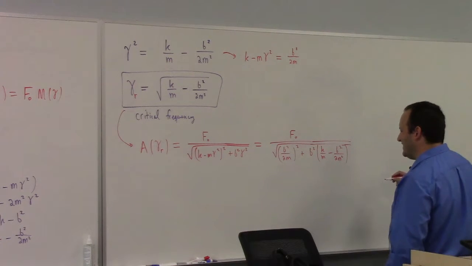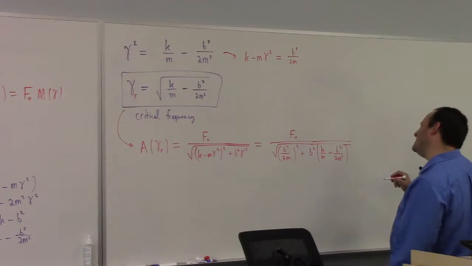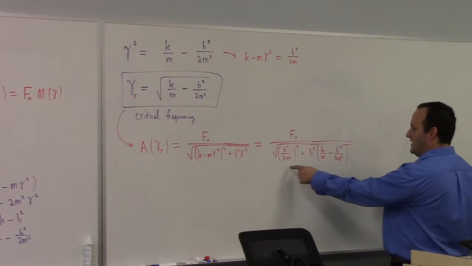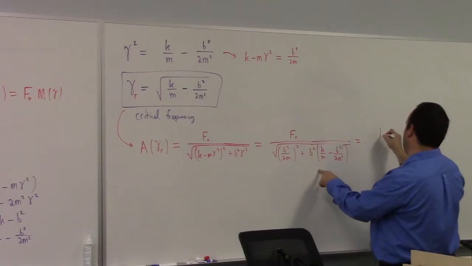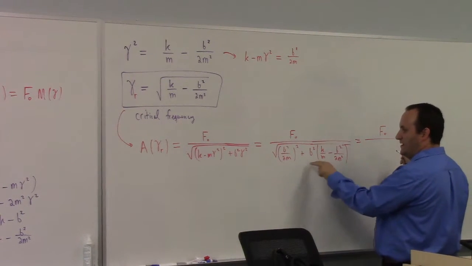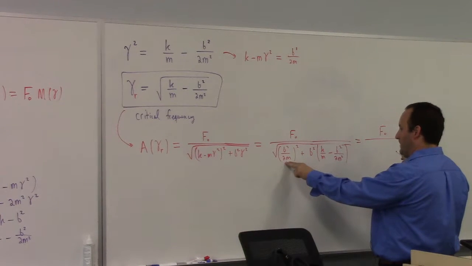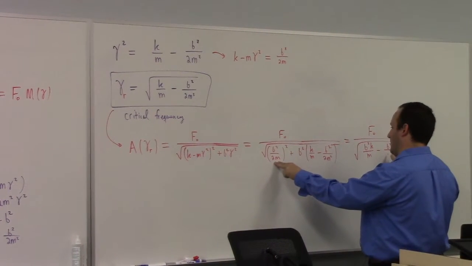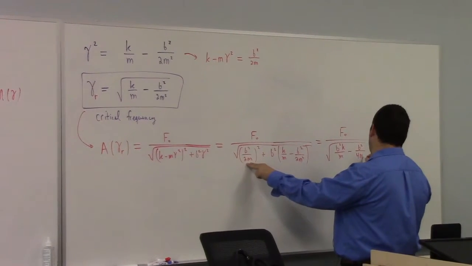And does anything nice happen here? I've got two of these, so this gives me a minus 1/2. Here I have a plus 1/4, right? So it looks like I've got the square root of b squared k over m minus b squared over 4m, squared.